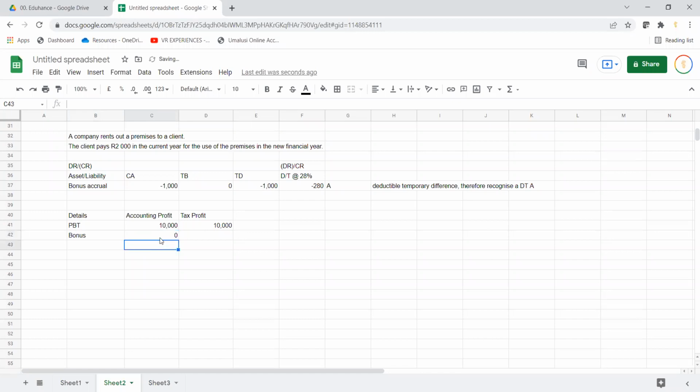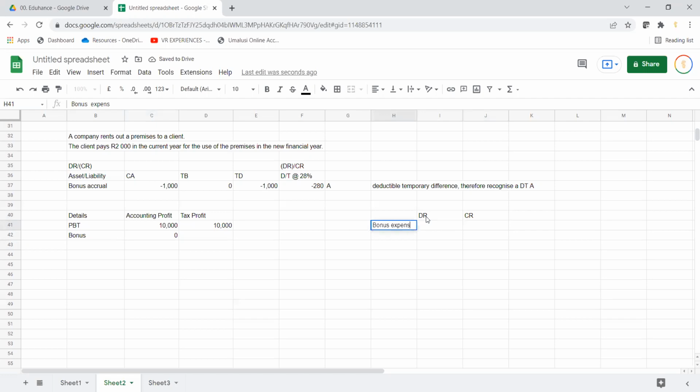The answer is 0. Why? Because in the current financial year, accounting said debit bonus expense, credit bonus accrual. So in the current year, accounting took that deduction. In future periods, they're not going to take the deduction. In the current year, accounting did the following.